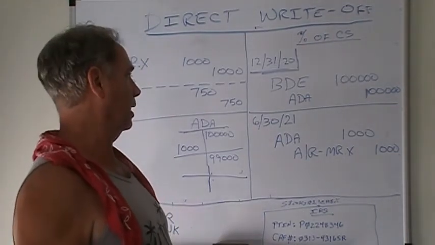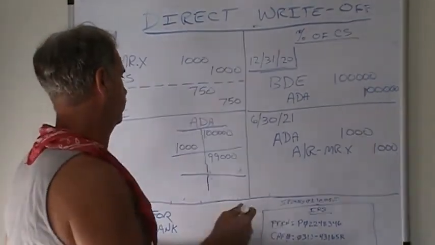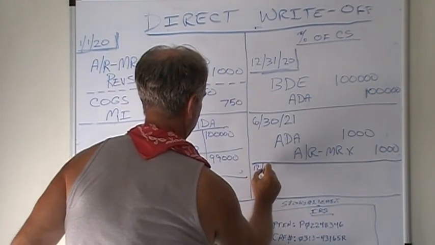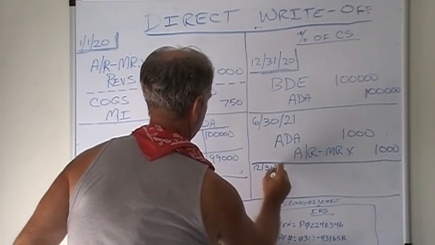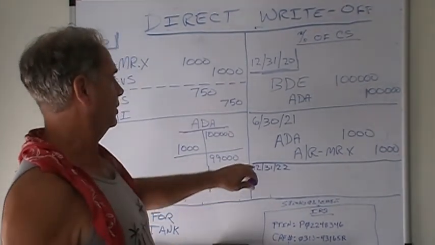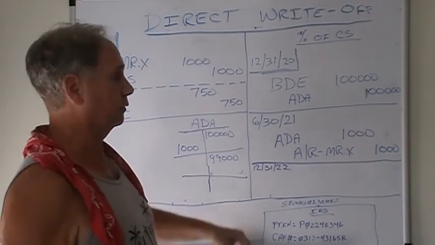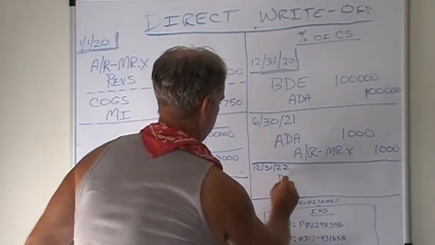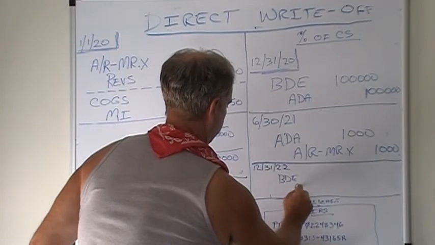So I would debit bad debt expense for $100,000 and credit ADA for $100,000.